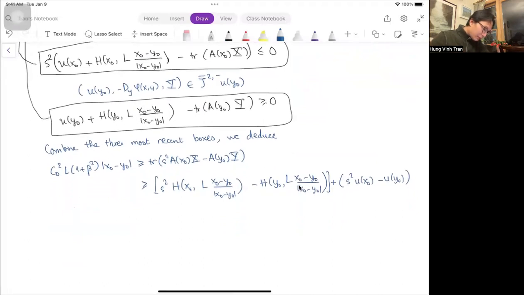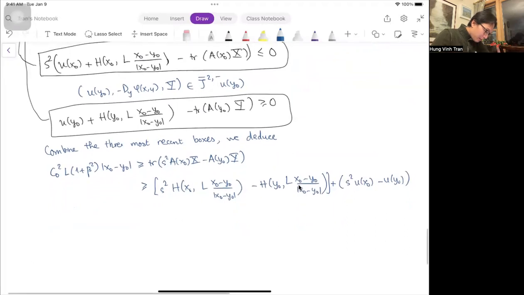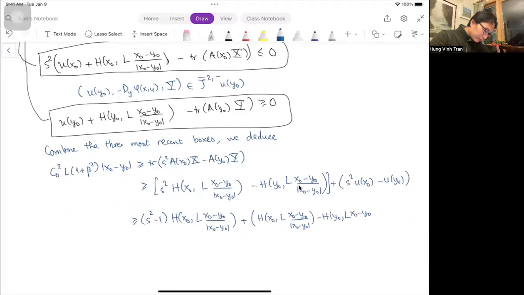Okay, so how do we write it down? This is greater than or equal to s squared minus 1 H of x naught, L of x naught minus y naught, plus just the Hamiltonian difference.